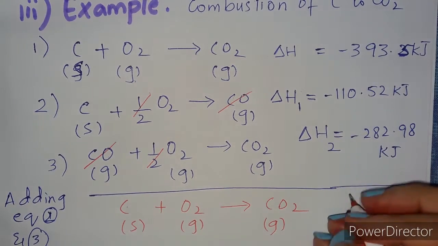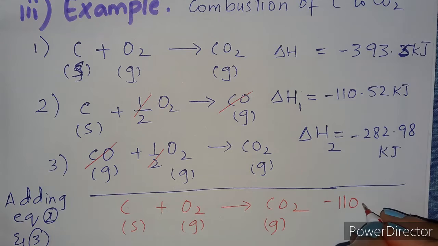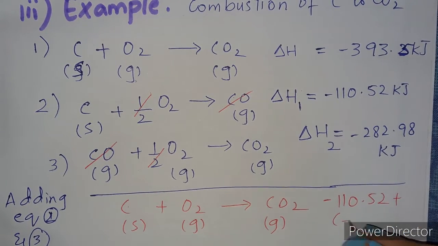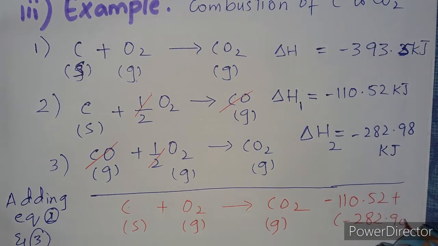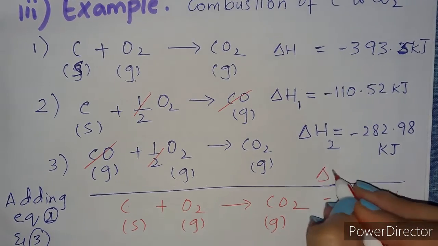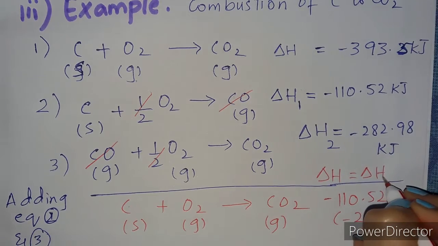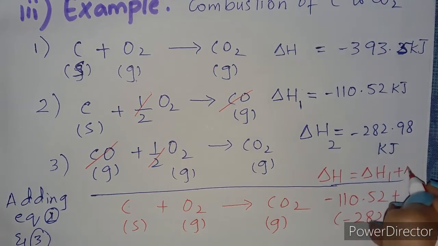And if we add minus 110.52 plus minus 282.98, then del H is equal to del H according to the Hess law, which we studied above, del H2.